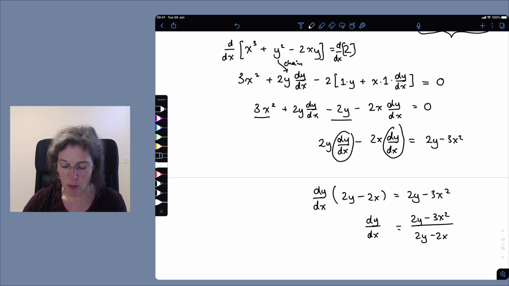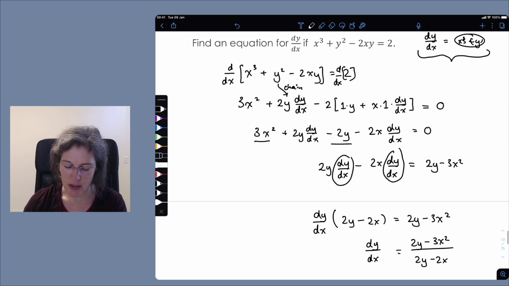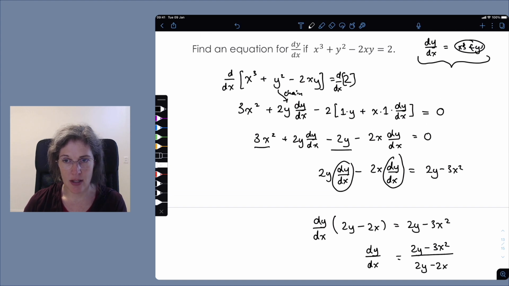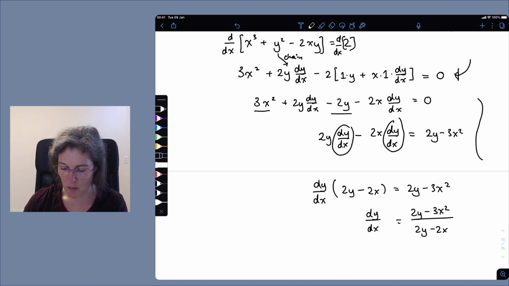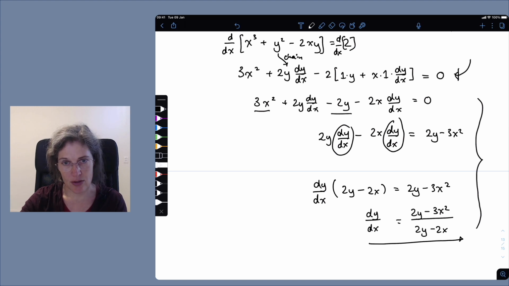So there's a little bit more involved when we're taking the derivatives of implicit functions, because usually once we've just taken the derivatives and tidied things up, we're done. But when we've got an implicit function, there are going to be a few more steps while we reorganize and get it in the form dy by dx equals something that just has x's and y's.